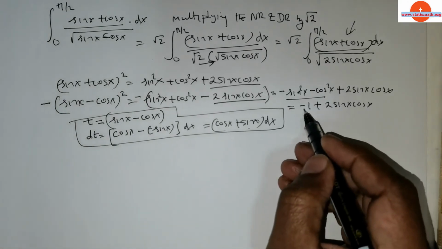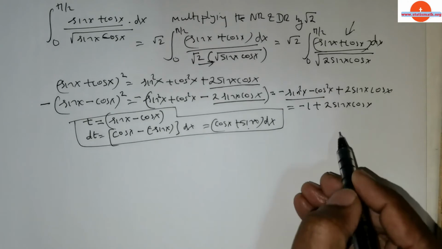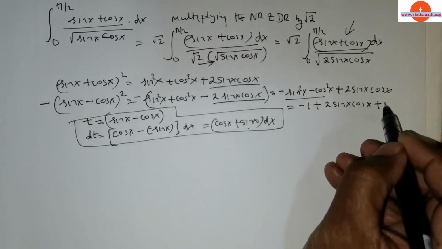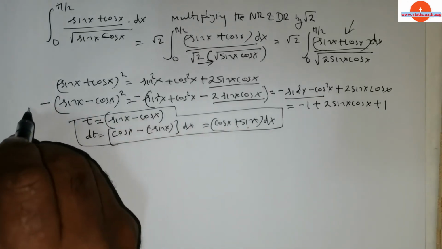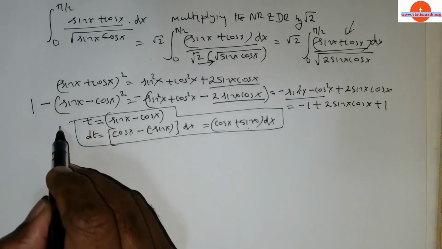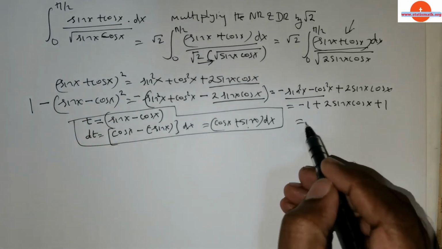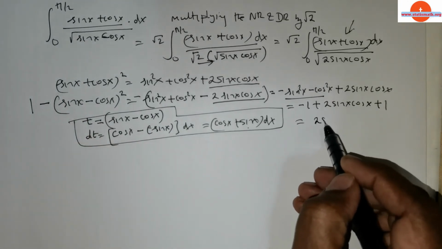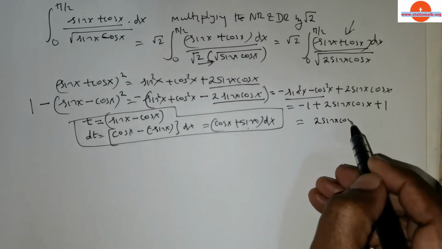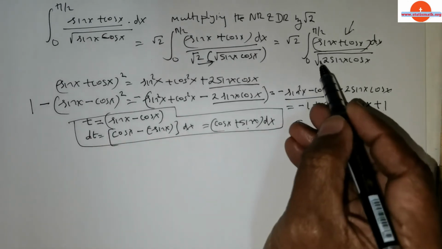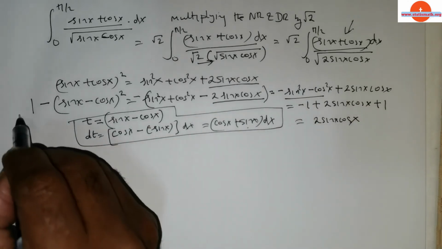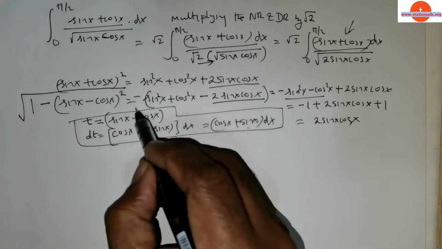But I need to remove this negative 1 because I don't have a negative 1 here. So the best way would be to add a positive 1. So if I were to place a positive 1 here, it means I can clearly obtain the quantity 2 times sine x cos x. And the only thing that is missing here is the square root. So all I need to do is to place a square root here.